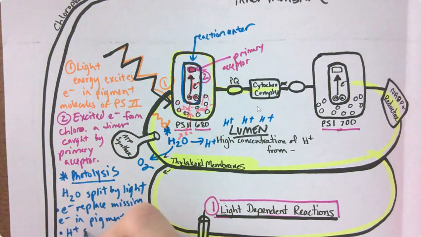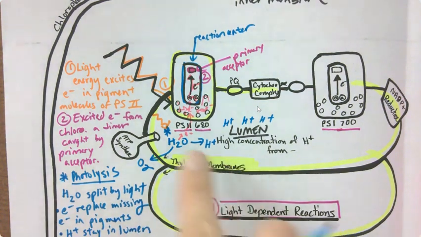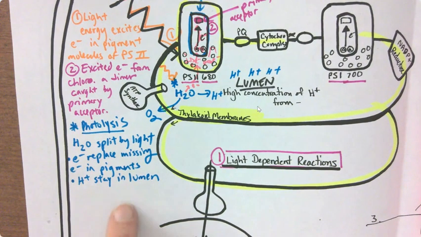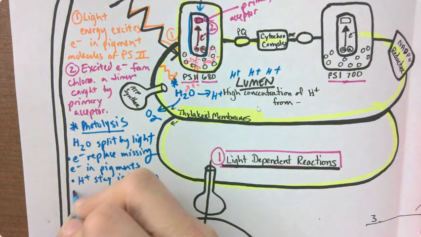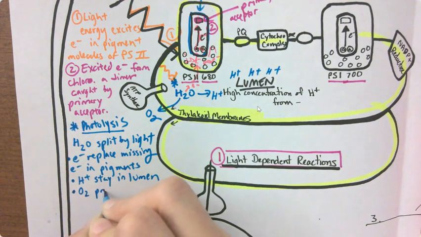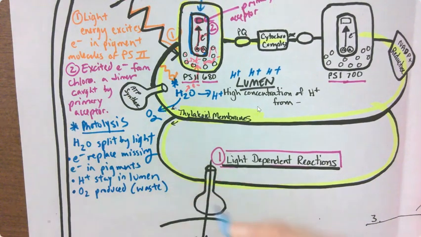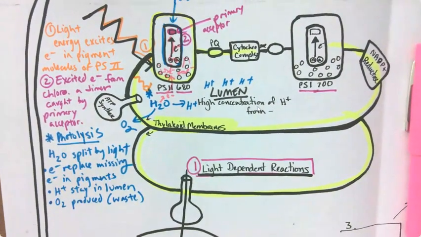The protons stay in the lumen, which, as we know, is this area in the center of the thylakoid, kind of analogous to parts of the mitochondria as well. Okay, and oxygen gas is produced. In photosynthesis, that's a waste product. Obviously, we need it for respiration, but in photosynthesis, it's a waste product.